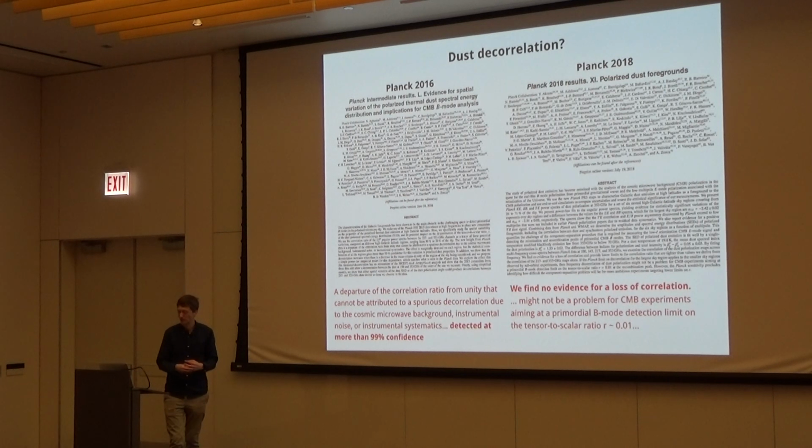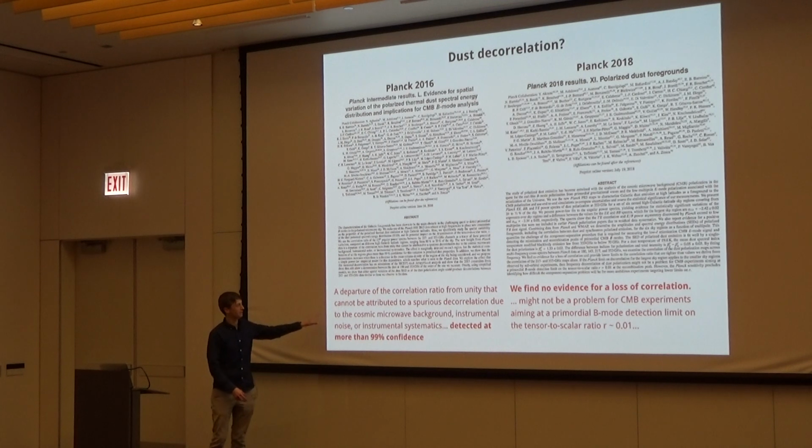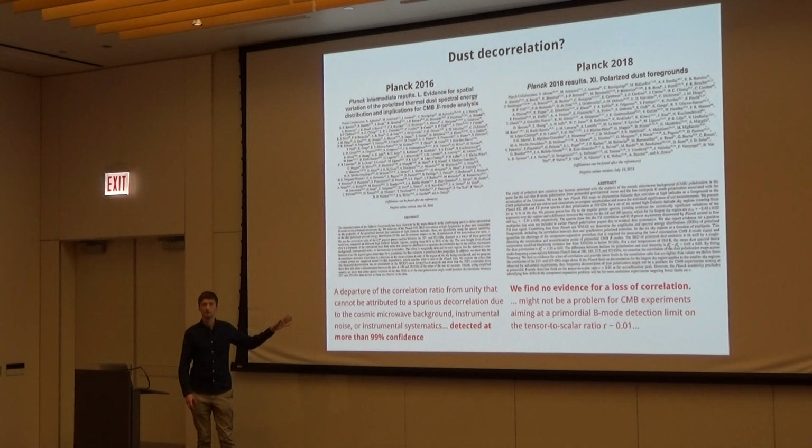So this also came up, we started this analysis all the way back in basically 2016. And around those times, Planck was also looking for this effect in their data. And they had, for instance, this Planck intermediate 50 paper, where they looked for this and in fact said that they really thought that they saw this kind of decorrelation effect.